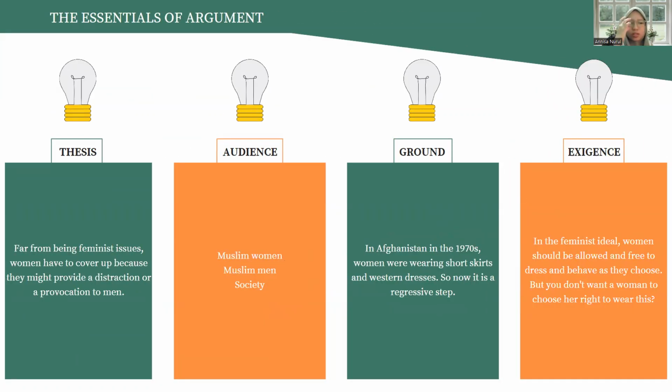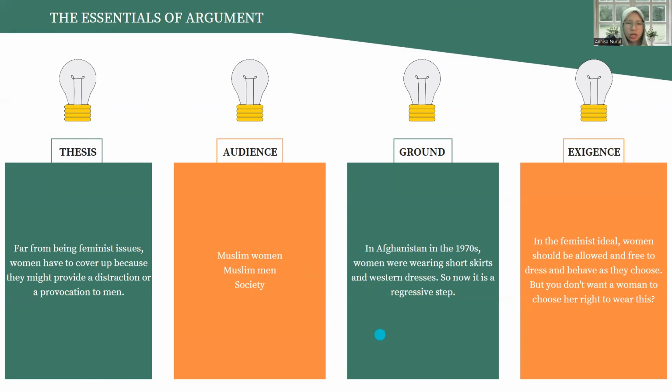Next, the thesis is that this is far from being a feminist issue. Women have to cover up because they might provide a distraction or provocation to men. Well, the audience here is Muslim women, Muslim men, and society. The ground here is in Afghanistan in 1970, women were wearing short skirts and Western dresses.